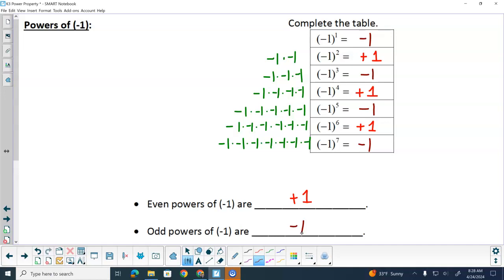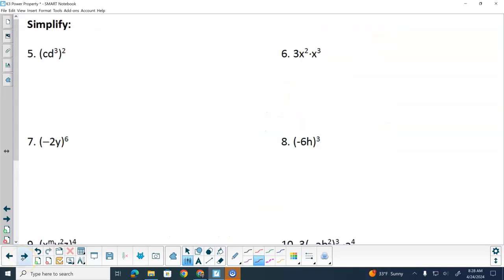Okay? All right, now, let's work our plan. CD cubed then squared really means CD cubed times CD cubed. Right? How many C's do we have? 2 of them, so that's going to be C squared.